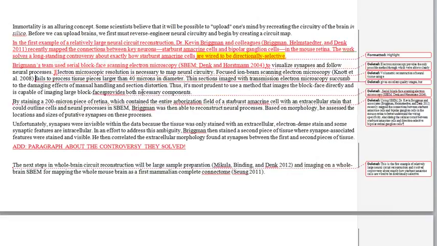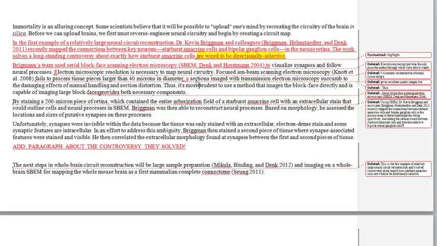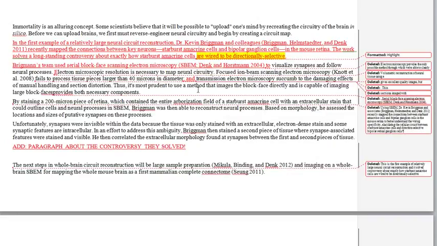So we could just say it fails to process tissue pieces larger than 40 microns in diameter. And then I'm going to connect this to this next type of microscopy that also doesn't work for this situation. Transmission electron microscopy is problematic because it requires thin sections, thin samples, that often succumb to the damaging effects of manual handling and section distortion.